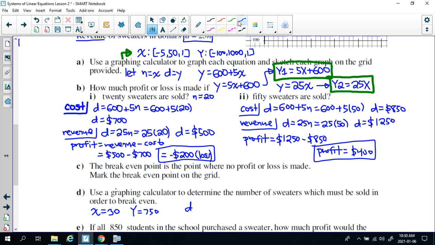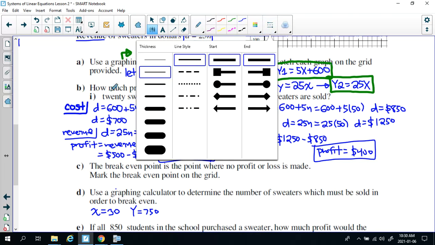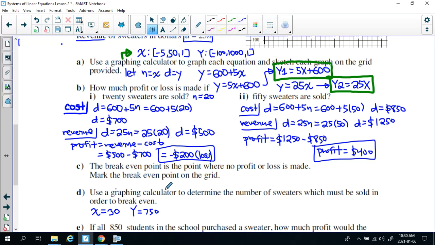Let's write down n first here. So instead of x, we have n. Therefore, to break even, we would have to sell 30 sweaters.